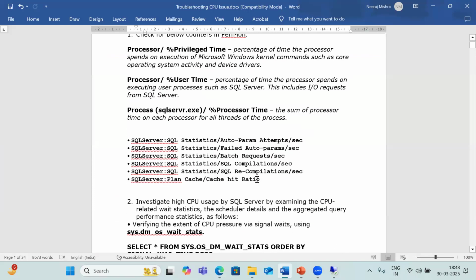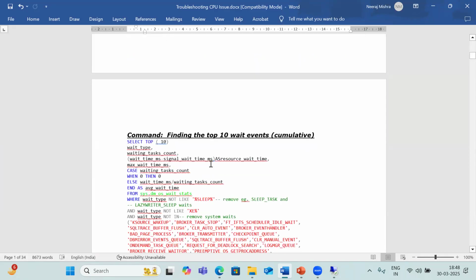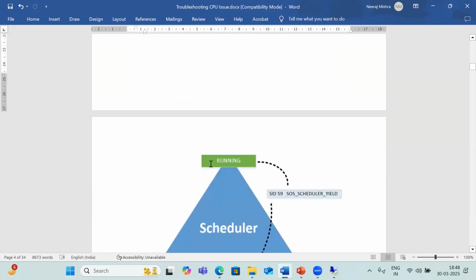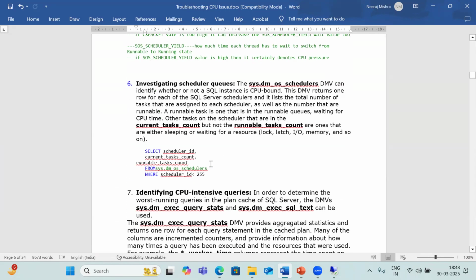Basically, with the system schedulers, you will always have a lesser number of sessions, so you will see a lesser number of workers in that case. But let us try to find that out. Sometimes that will help us troubleshoot or identify CPU bottleneck issues.